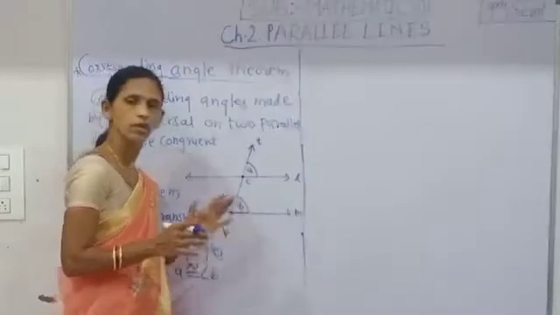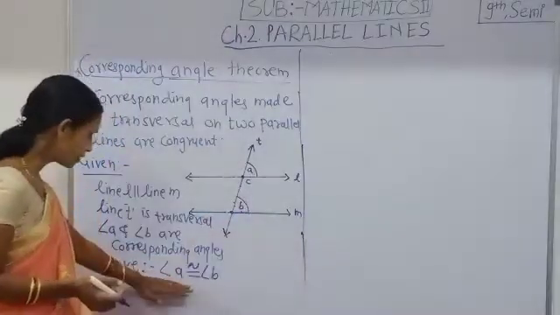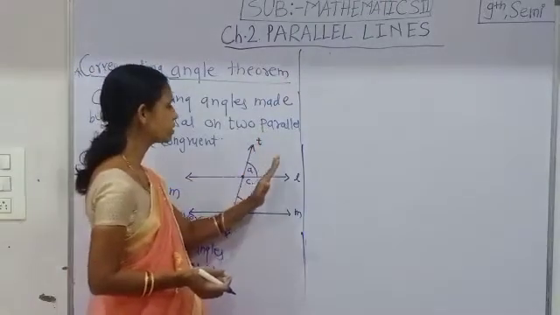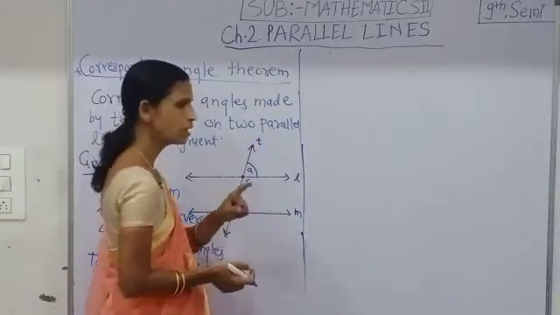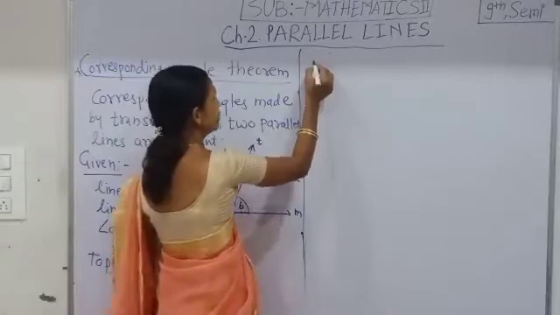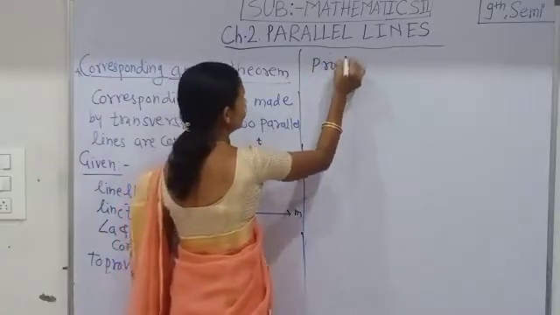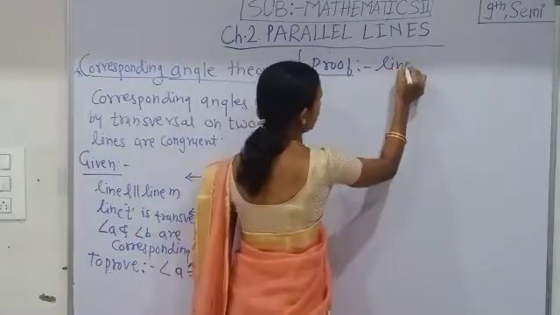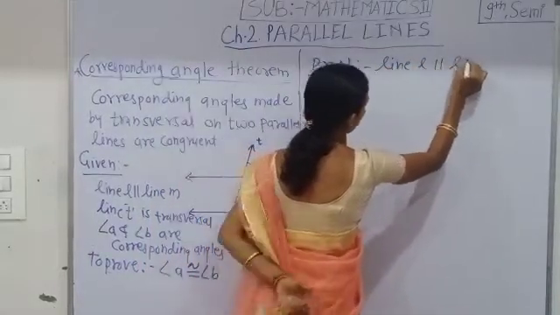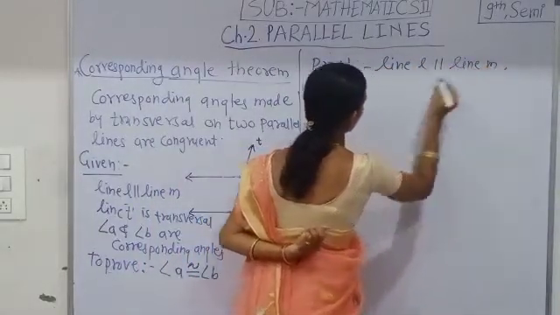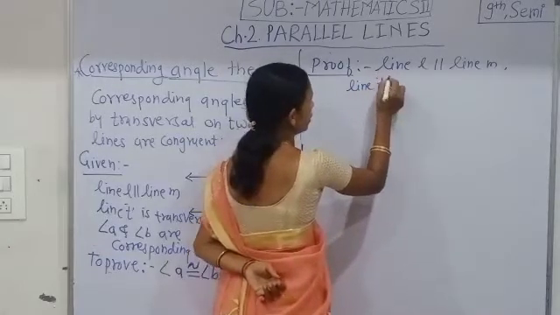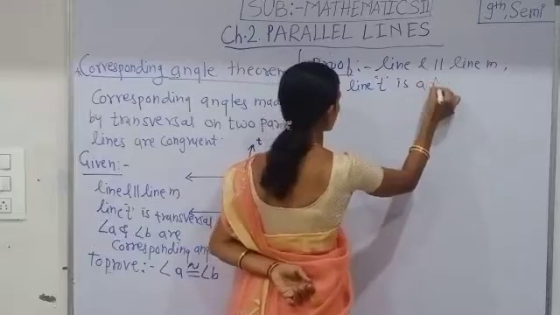Using this property we have to prove that corresponding angles made by a transversal on two parallel lines are also congruent. The proof is given here: line L parallel to line M and line T is a transversal.